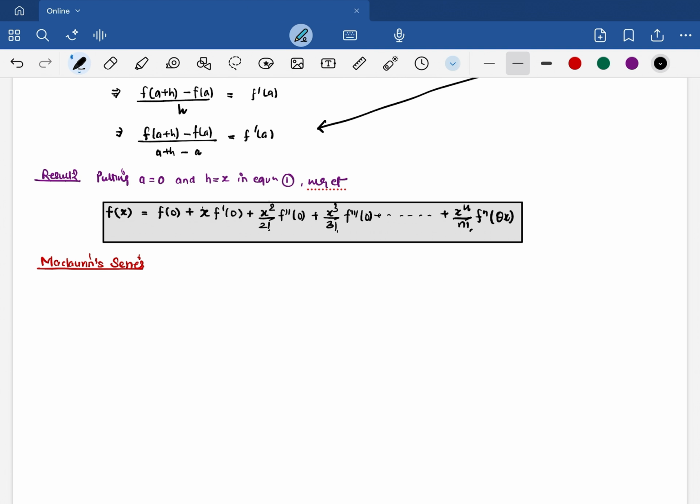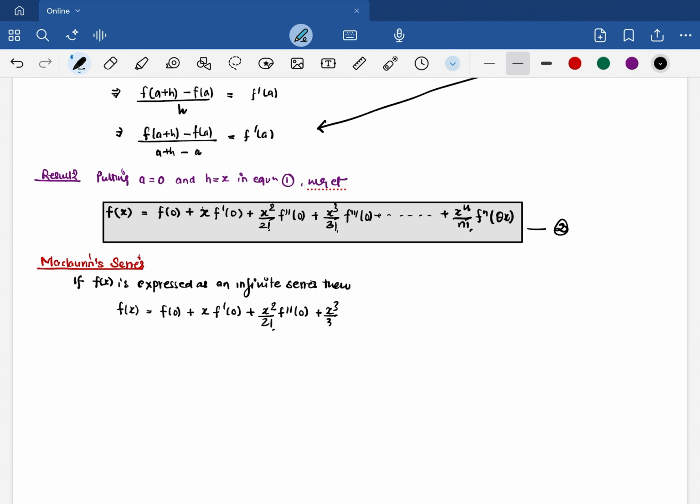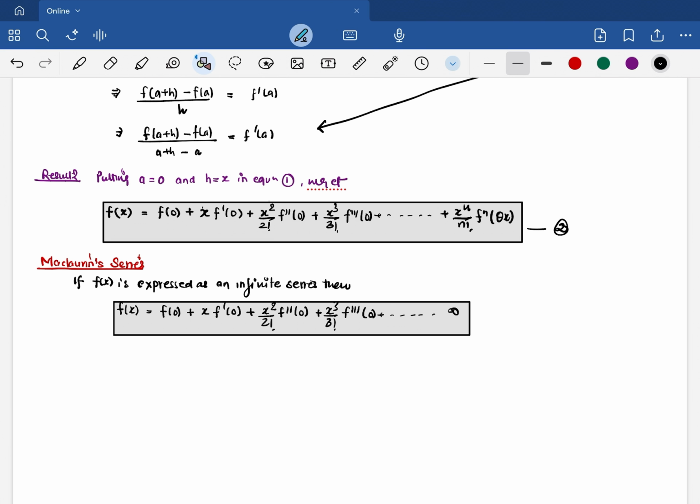If we replace this equation number 2 with an infinite series, so if f(x) is expressed as an infinite series, then f(x) is written as f of 0 plus x f dash 0 plus x square upon 2 factorial f double dash 0 and x cube upon 3 factorial f triple dash 0 and so on to infinity. This is called Maclaurin's series.